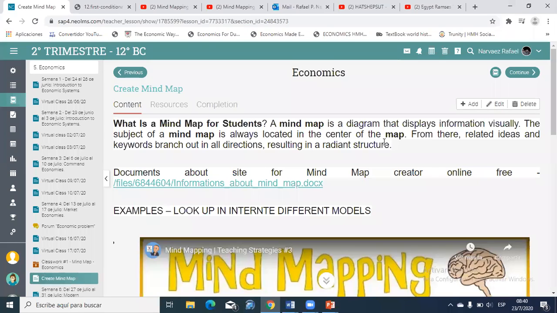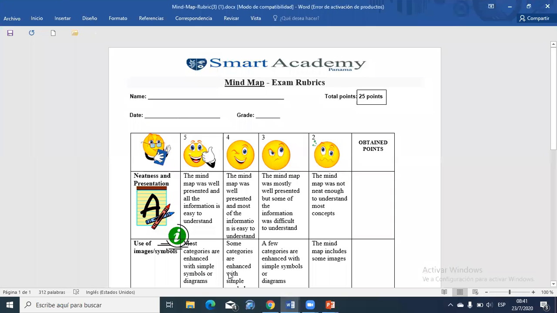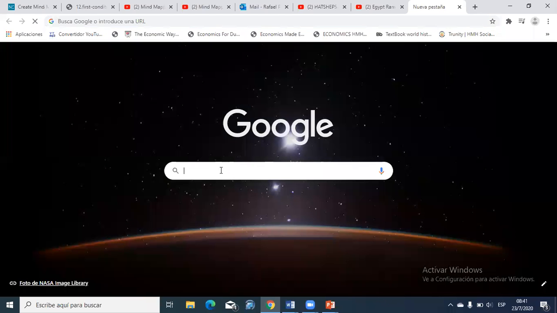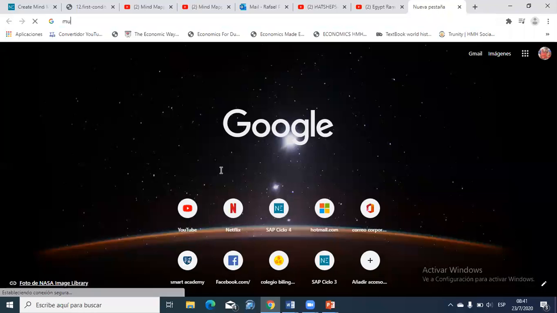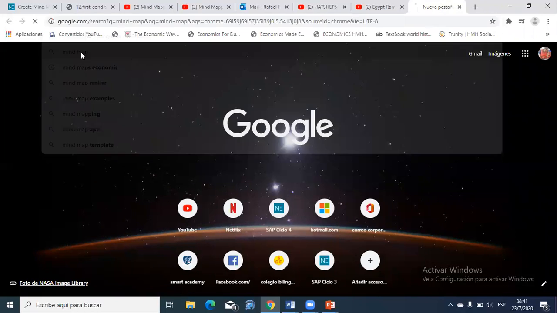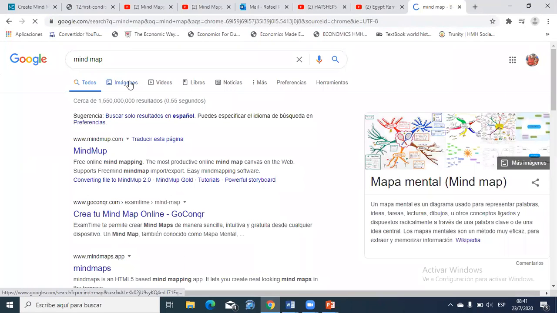Okay, now let's go back. But also, in order to evaluate this activity, I am going to use this rubric. But before opening this rubric, I want to show you that if you go to Google and search for my mind map, you see different models that you may use in order to create this mind map.